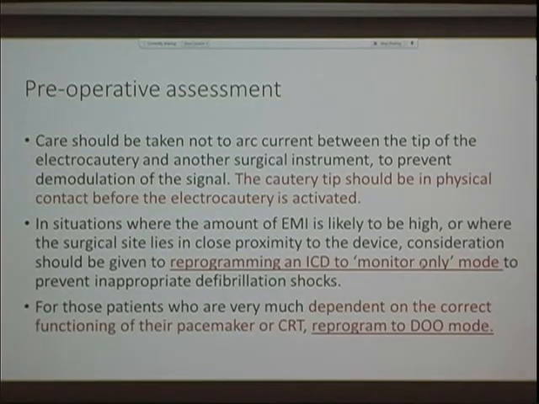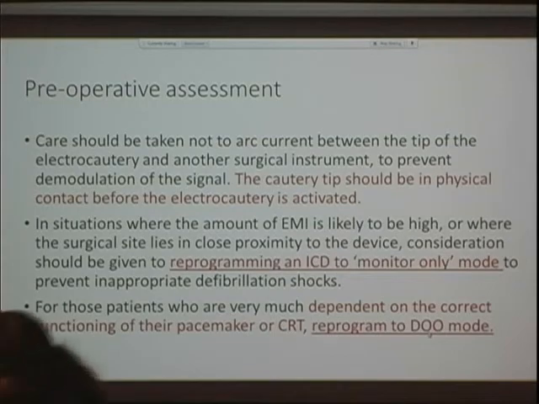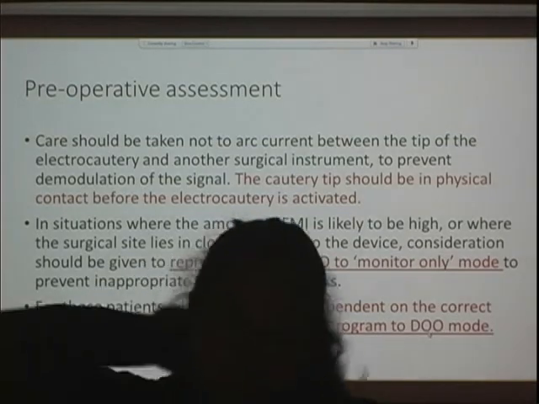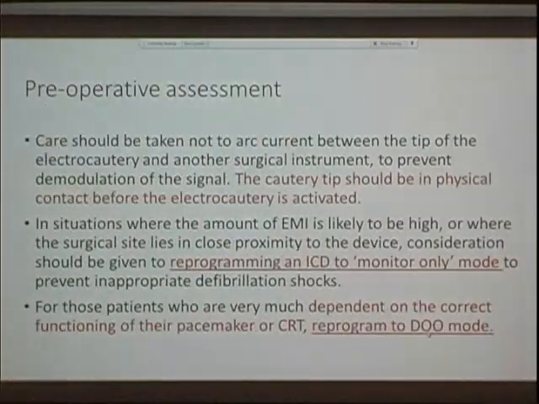And I'll come to the magnet part later. For patients who are dependent on the pacemaker, then you have to reprogram it to a DOO mode. So that's why determining A, whether the patient has a pacemaker or defibrillator, and B, whether the patient is pacemaker dependent or not, are the two critical components in the preoperative assessment of these patients.